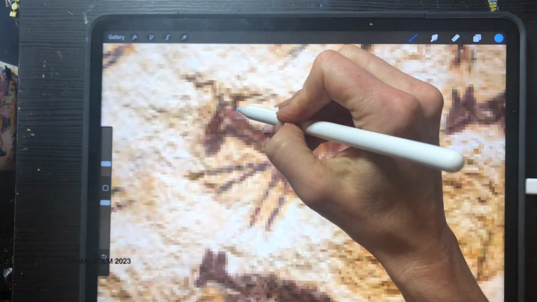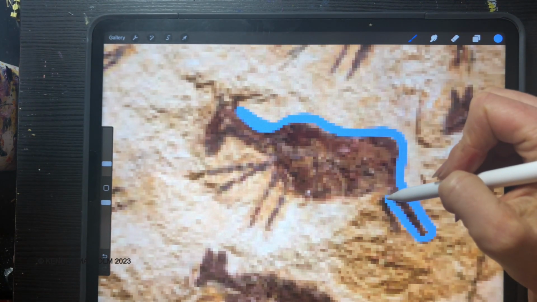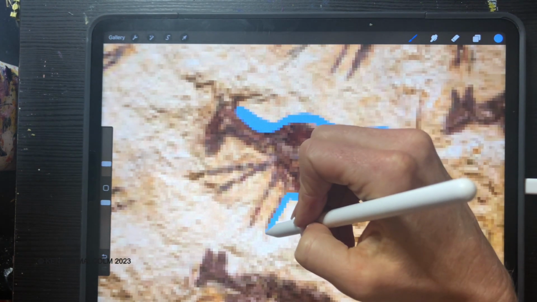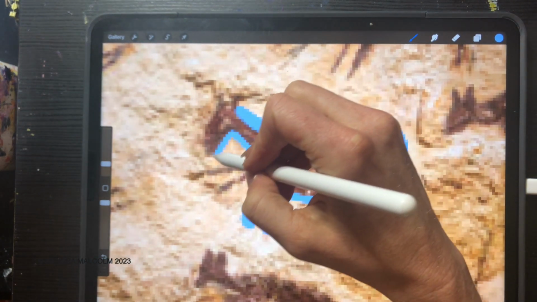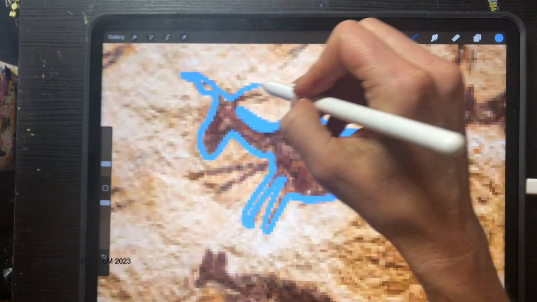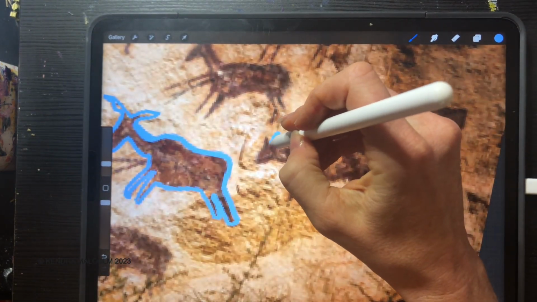I'm just going to zoom in here and trace this out for us. Then these are the arrows here. There we go. So there's one of our forms. Here's another one.